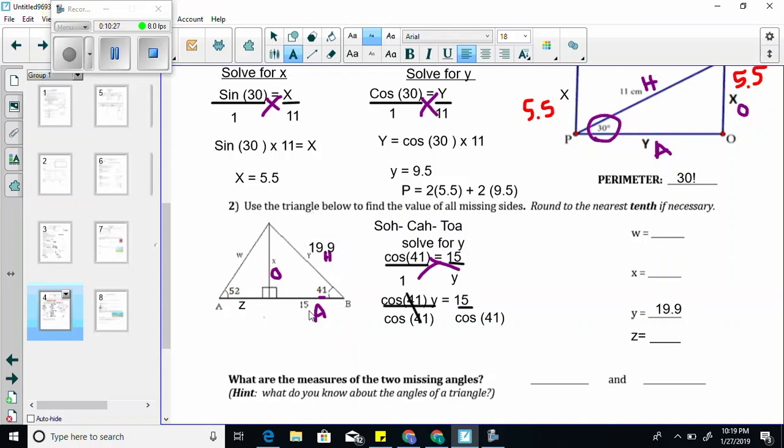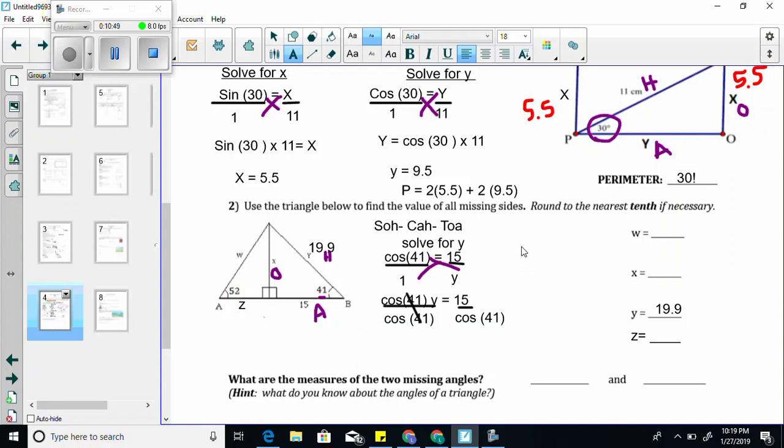Okay, I want to find x now. Because once I can find x, I can start working in this triangle. So I want to find the opposite side, and I'm given the adjacent side. Now you can use what you just found too, but just in case you got this wrong, it's always smart to keep with the information that's given to you.